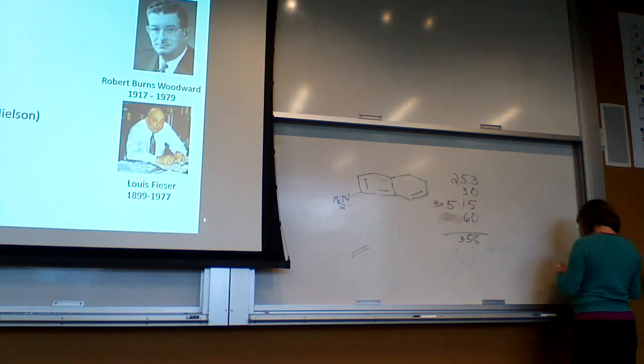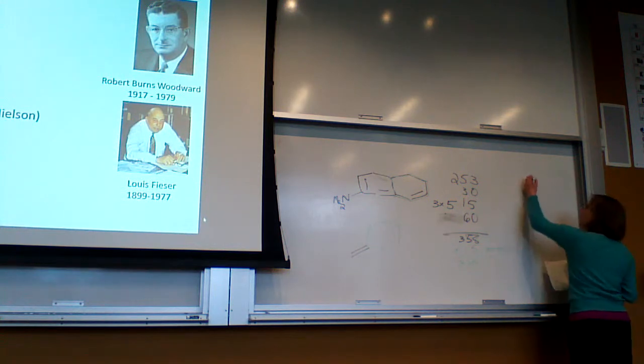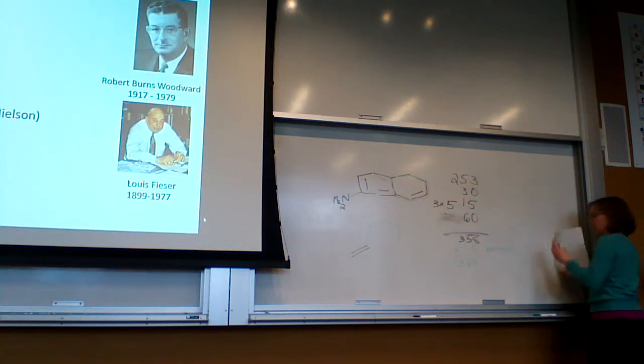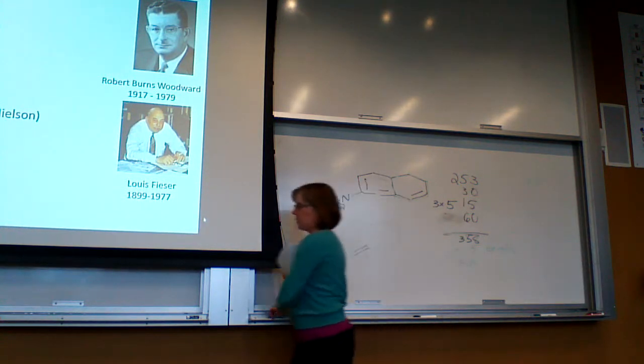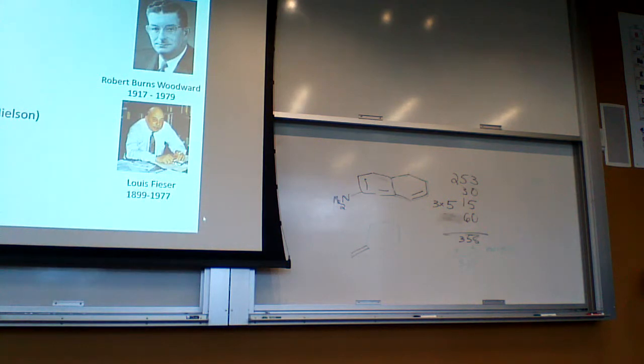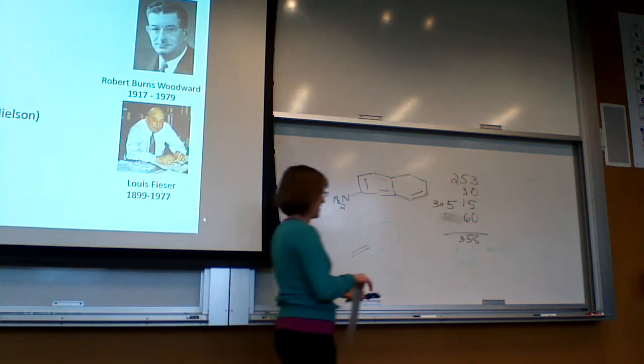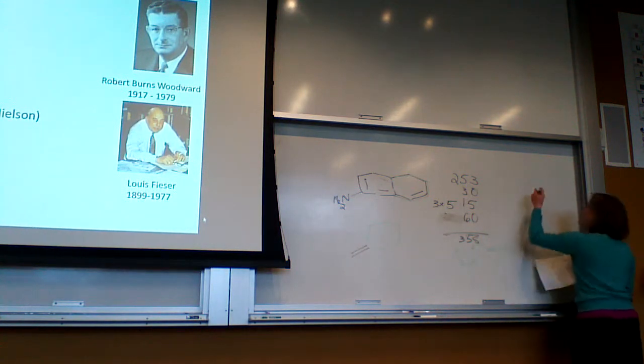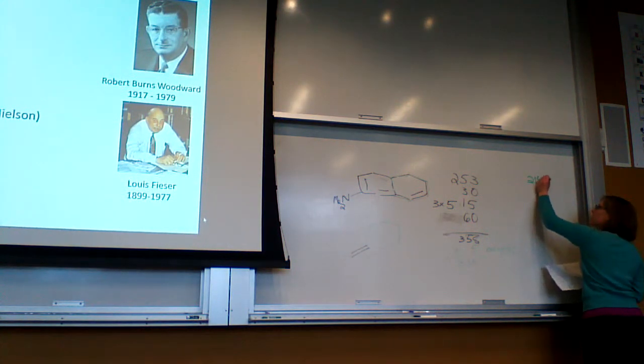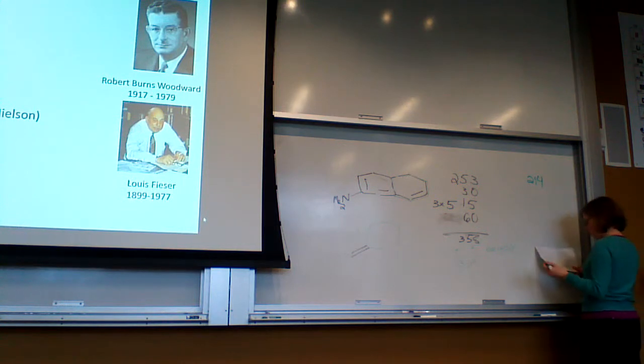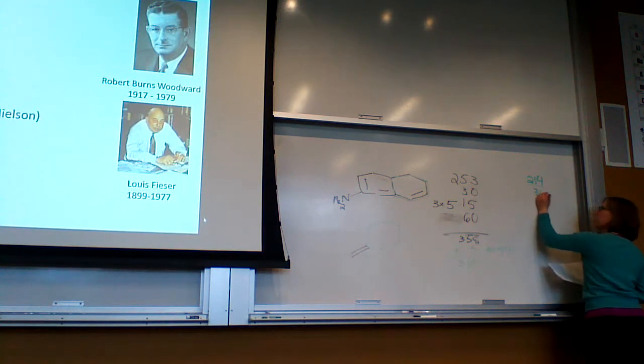So if we were to do that, we would start with 214 as our base value. Then we're going to add 30 for our extended conjugation.